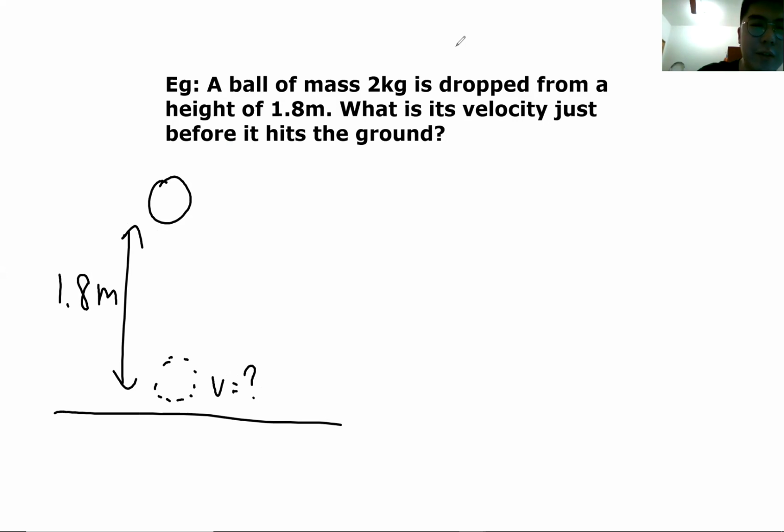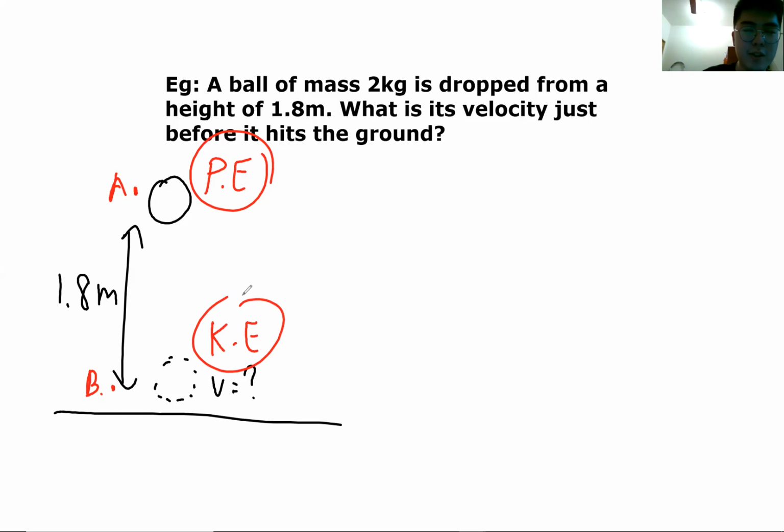At the first point up here, I label it as point A and the bottom as point B. At point A, what is the potential energy? All the energy is in potential energy form. As the ball starts to drop, the kinetic energy starts to increase, and just before it reaches the ground, all the potential energy has been converted to kinetic energy.